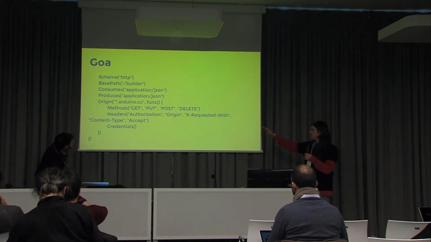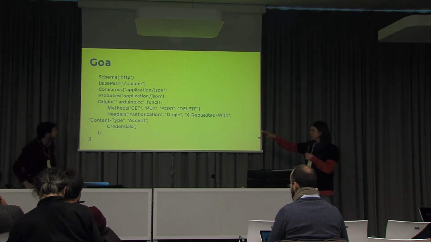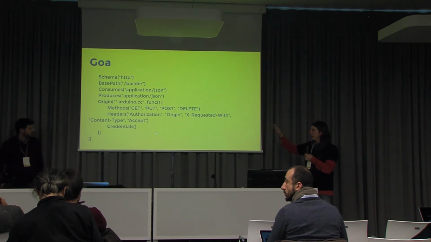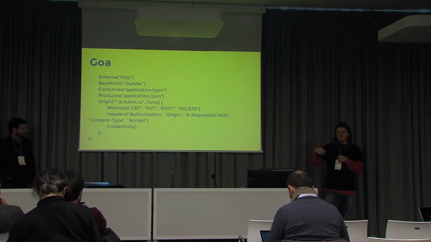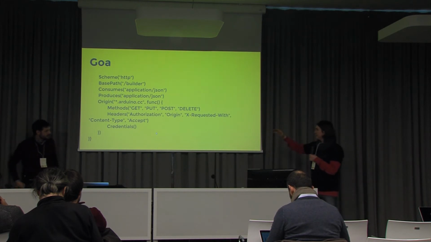We specify that we want it to only allow requests from star.arduino.cc domains. And it will generate a method that will only accept those requests or generate an error.